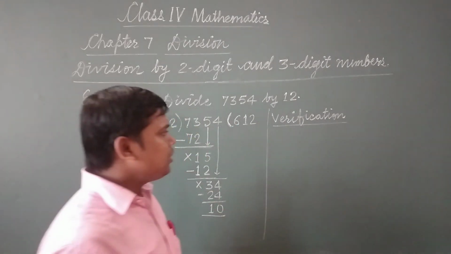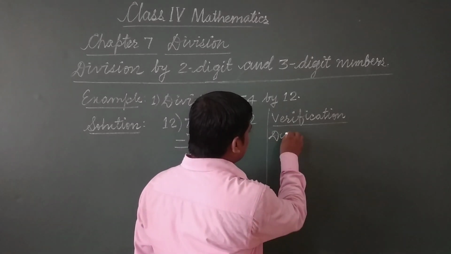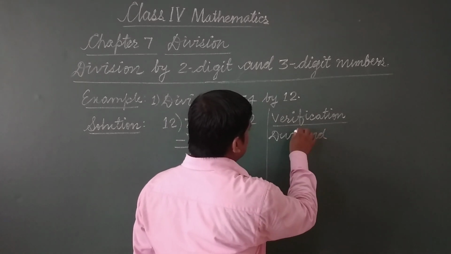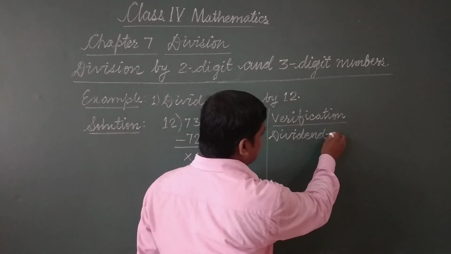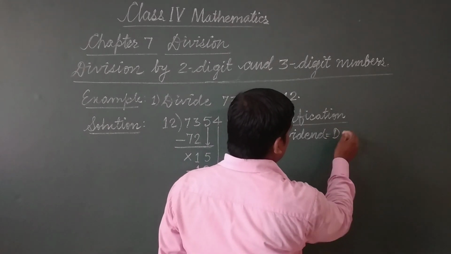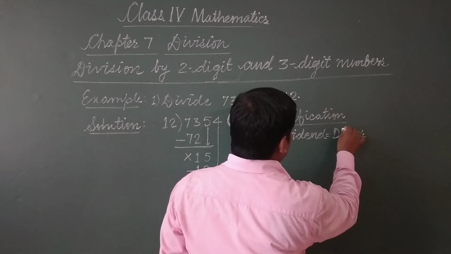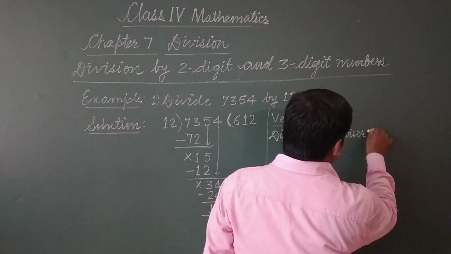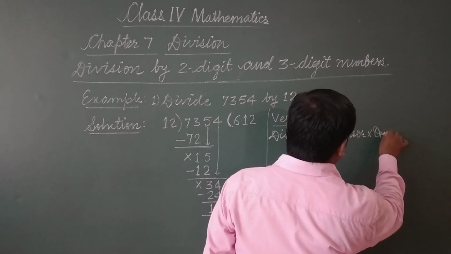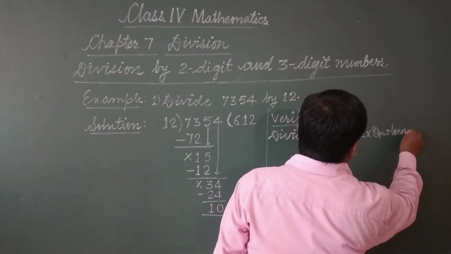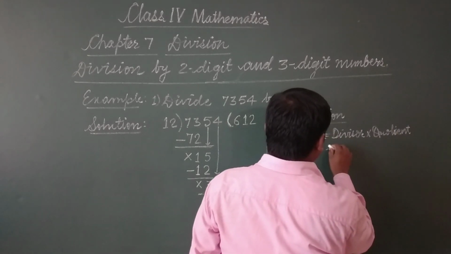Means in verification we write dividend is equal to this relation. You remember always, divisor into quotient plus remainder.